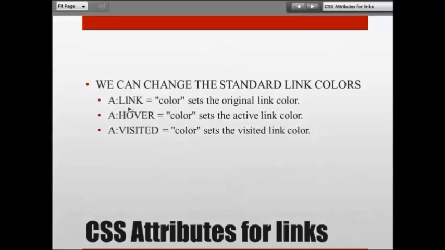There's the link color, there's a hover color, and there's a visited color. So what's a link color do? It's when you come onto a web page for the first time, usually it's a blue underlined word, right? That's the default of the computer.